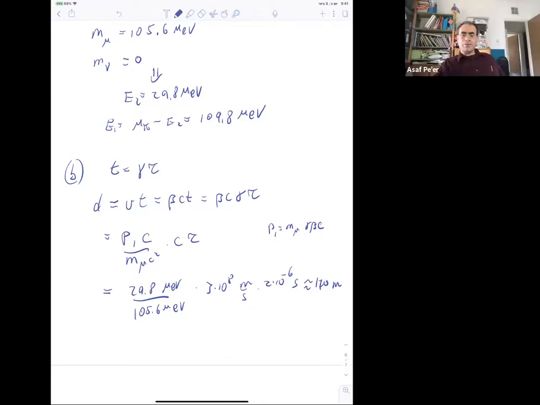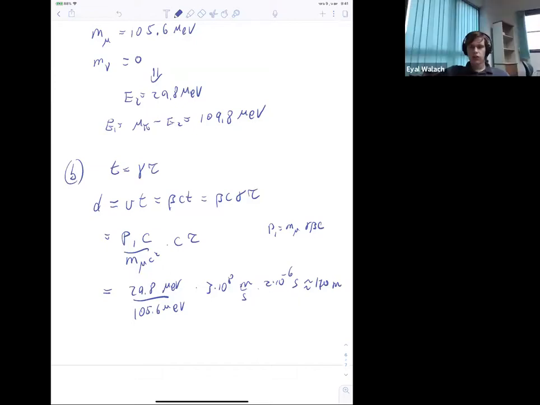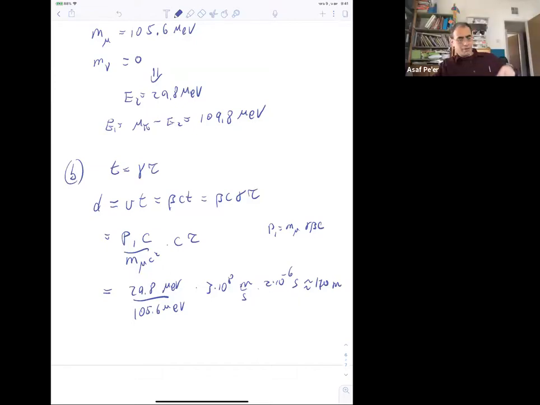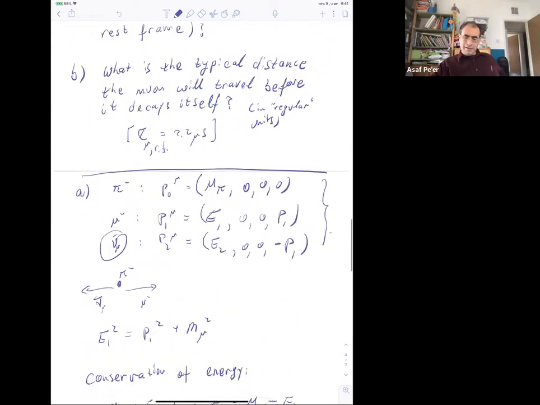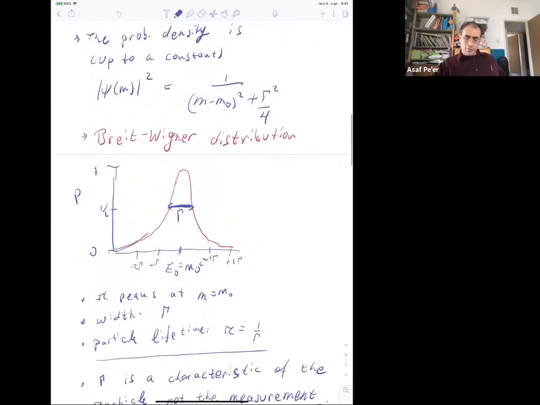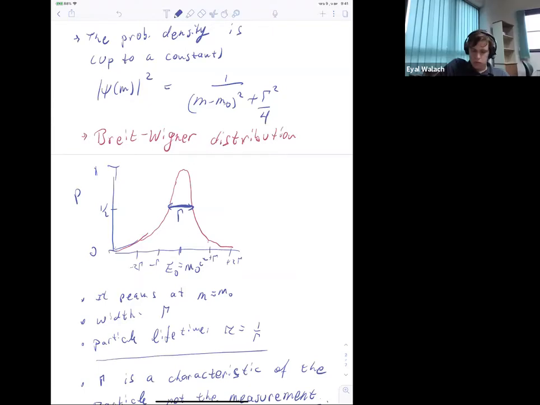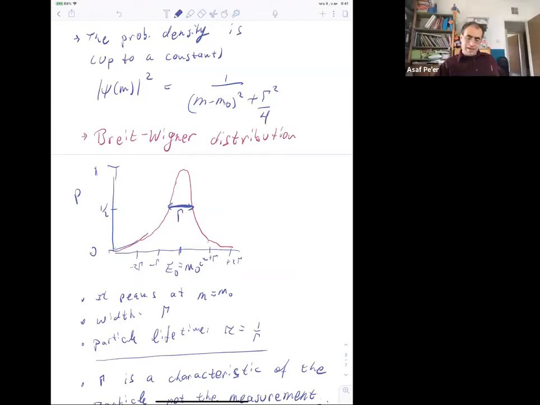This is what I call the M0 in the Breit-Wigner formula. Right? This is the M0. And now, when you make an actual measurement of the muon mass, then you'll end up with the Breit-Wigner distribution. Now, the 105.6 is exactly what is denoted here as M0.